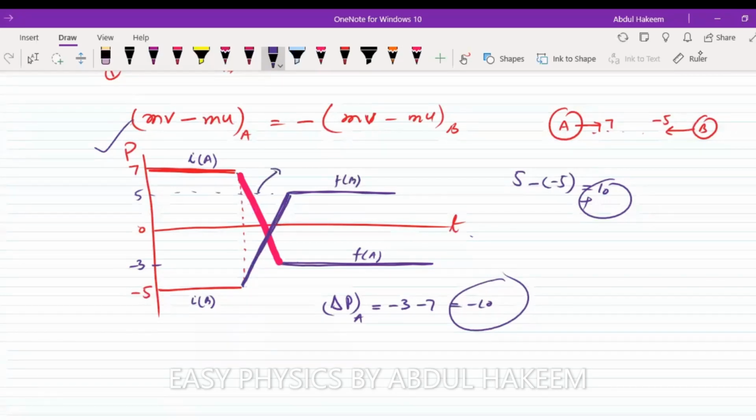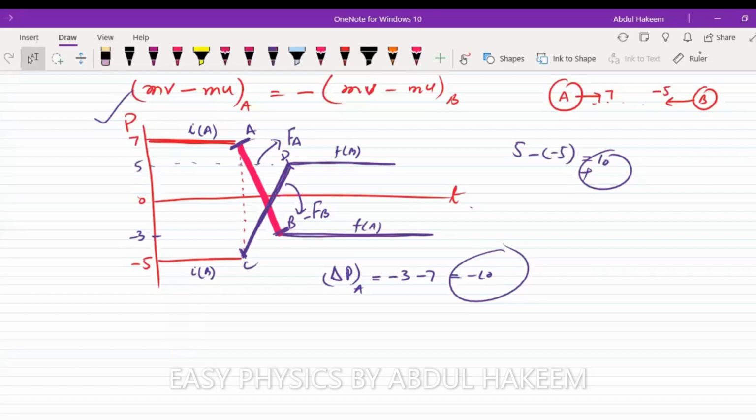So if this gradient is the action force, then this gradient will be the reaction force, but opposite. So the gradient of these two lines from this A point to this B point, and then C to D, these are showing the action and reaction forces.